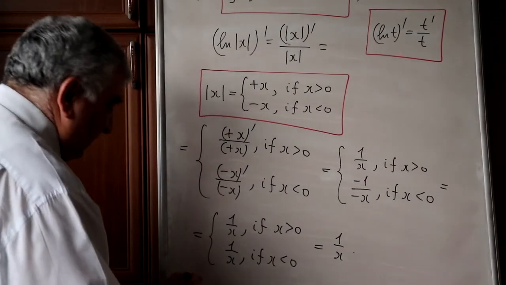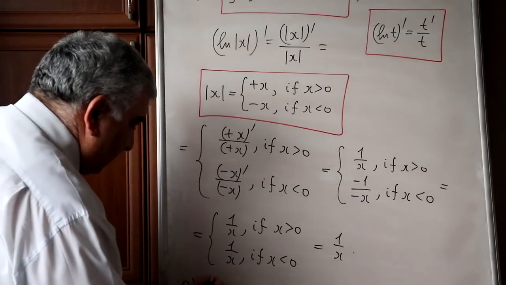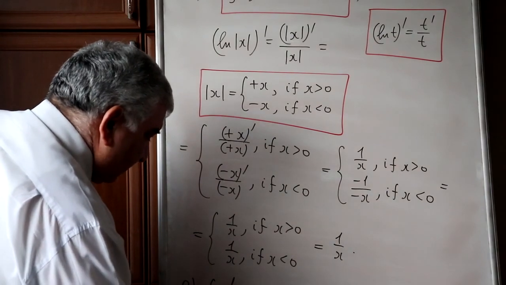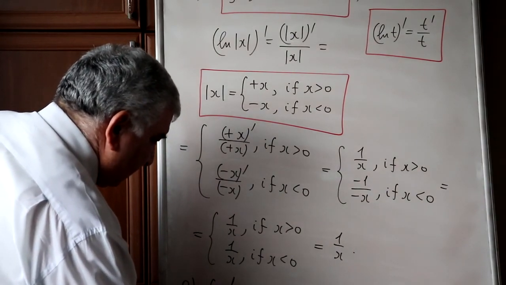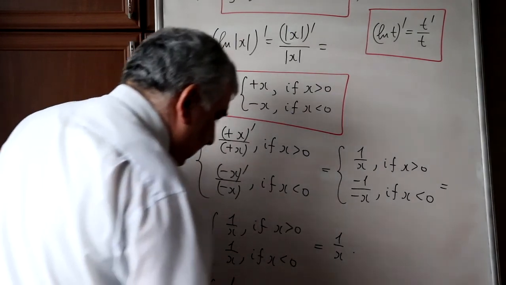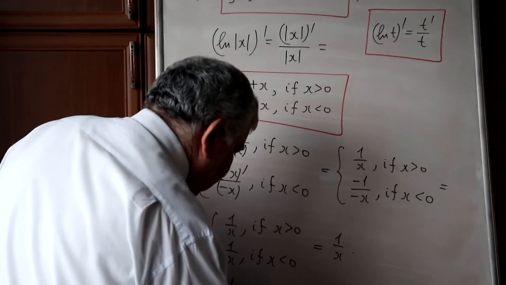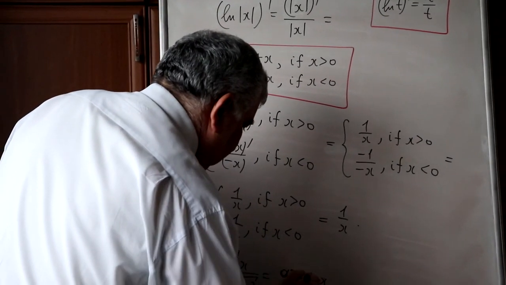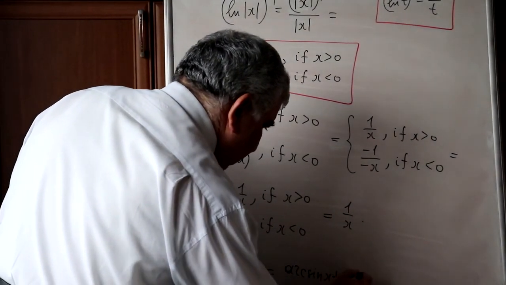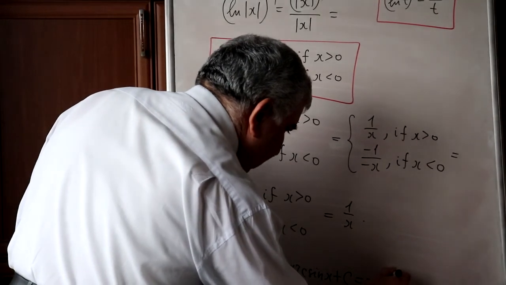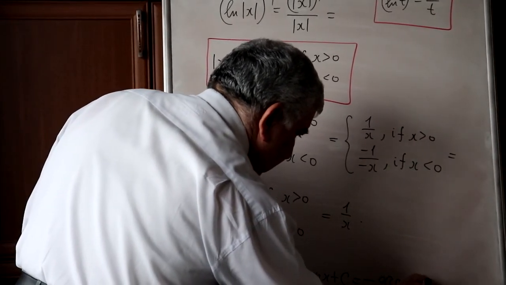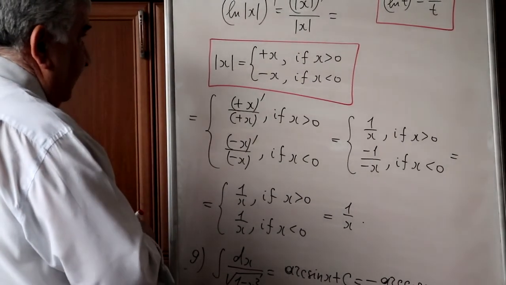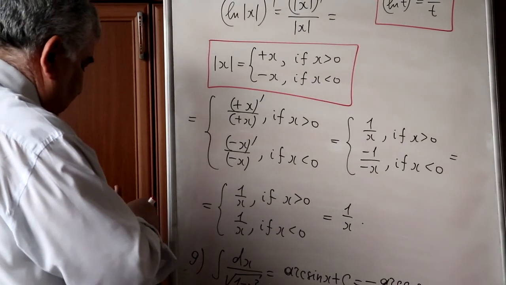And ninth formula, integral of dx over square root of 1 minus x squared is equal to arcsine x plus c, or minus arccosine x plus c. And finally write the last formula.